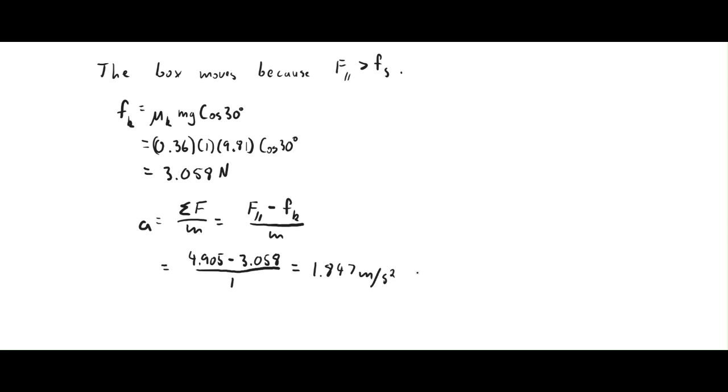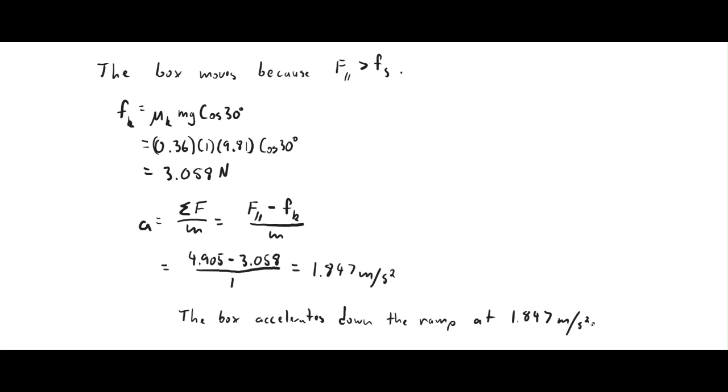That would be silly because we only have gravity here. But in your final answer, you should always give a direction. So the box accelerates down the ramp at 1.847 meters per second squared.